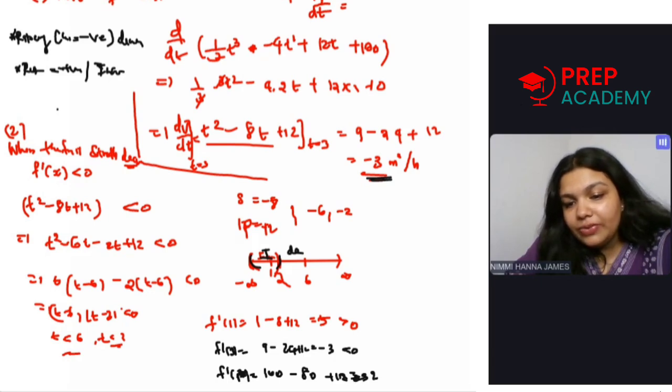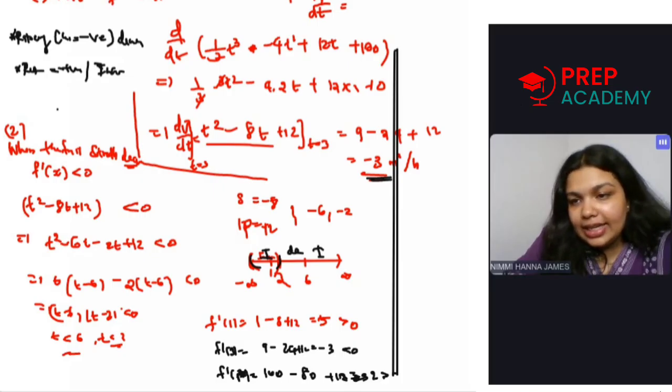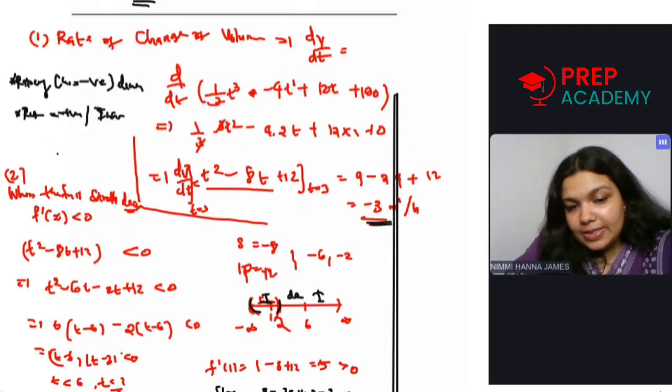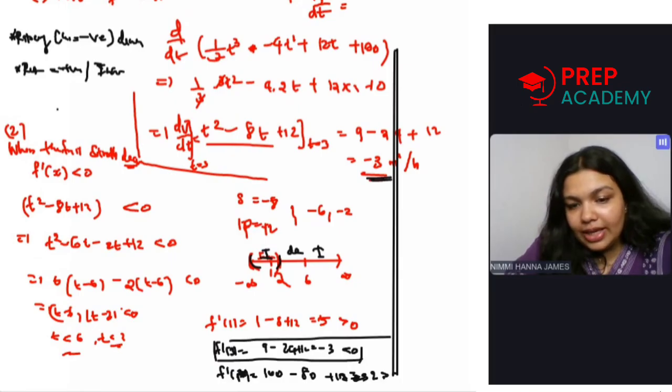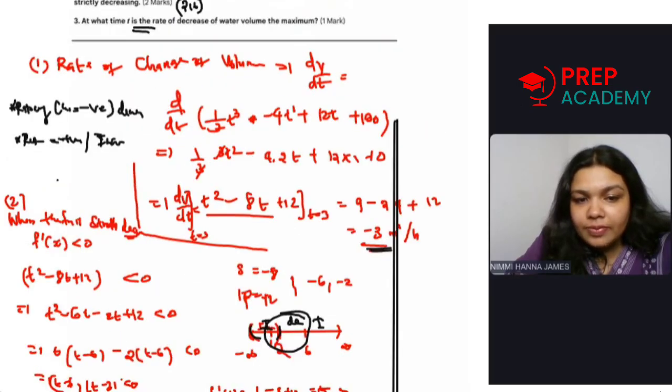So this is definitely greater than 0. In this also the function is increasing. So where the function is strictly decreasing is the second interval: the function is strictly decreasing in the interval 2, 6.